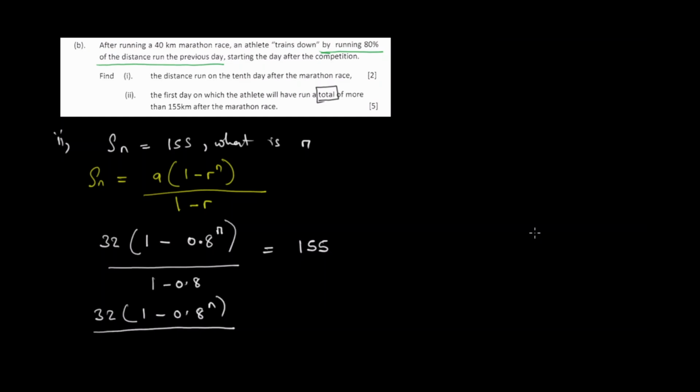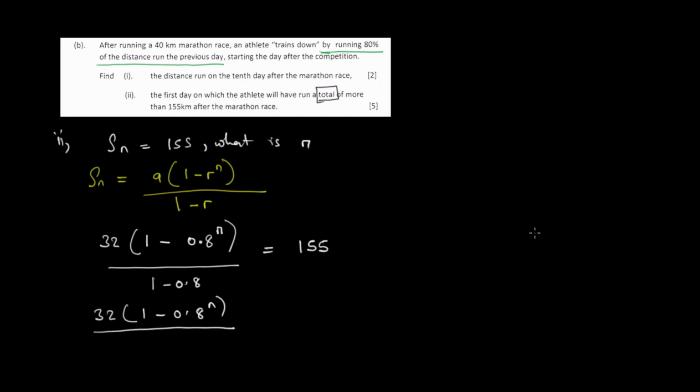So we know that it's a GP, and we know that for a GP, sum of n terms is equal to a 1 minus r to the n over 1 minus r. But equation yedu manje inge ichiti 32, which is a 1 minus 0.8 to the n over 1 minus 0.8 is equal to 155, because 155 ndiyo total yacho.